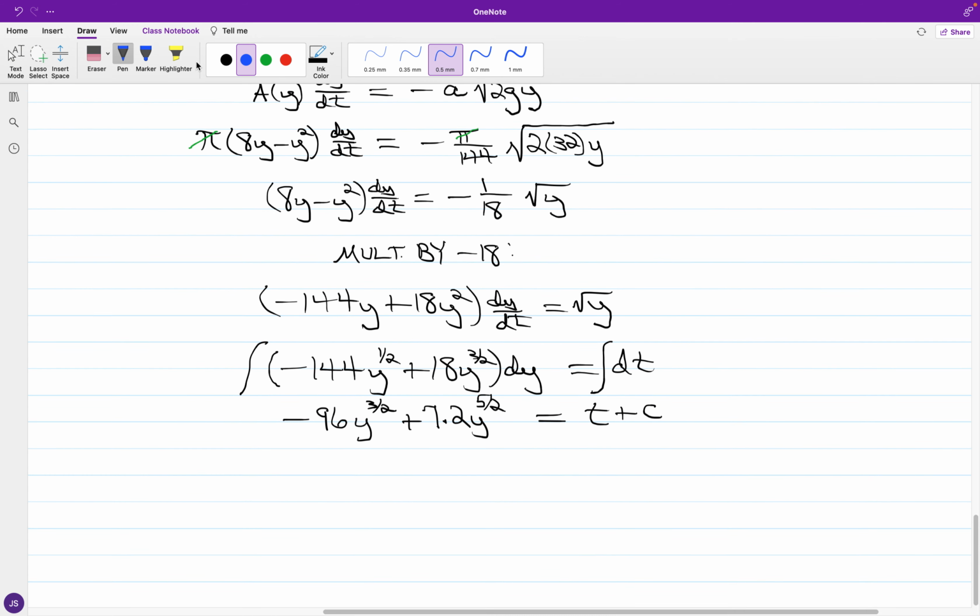And carrying over to this equation, y naught is equal to 8, so plugging in 8 for y, what's going to happen is that the value of the constant is going to be right at negative 868.9.